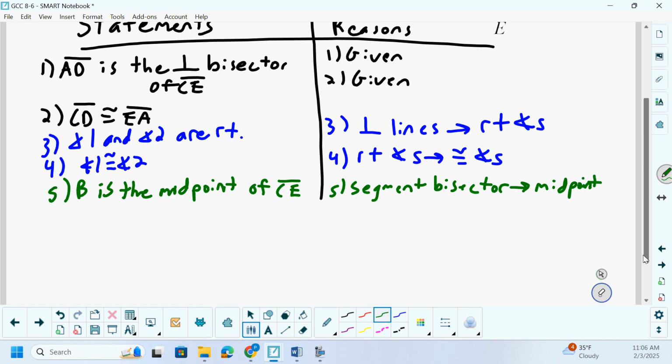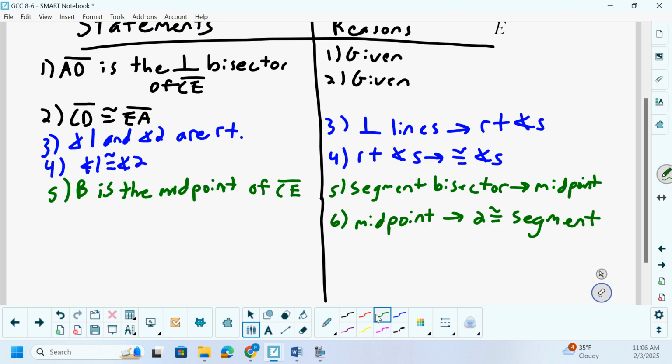Automatically next, we'll do our midpoint implies two congruent segments. If B is in the middle of C and E, that would mean that CB is congruent to BE.